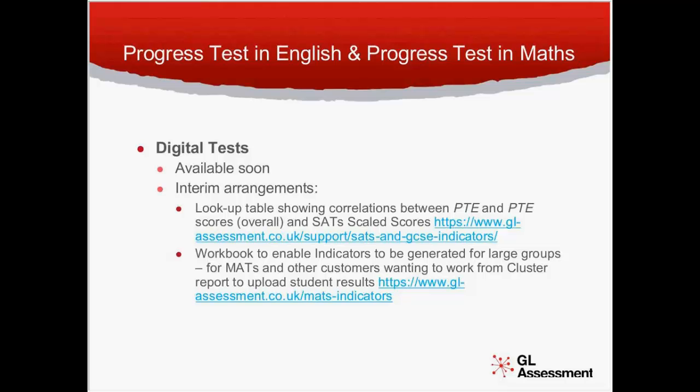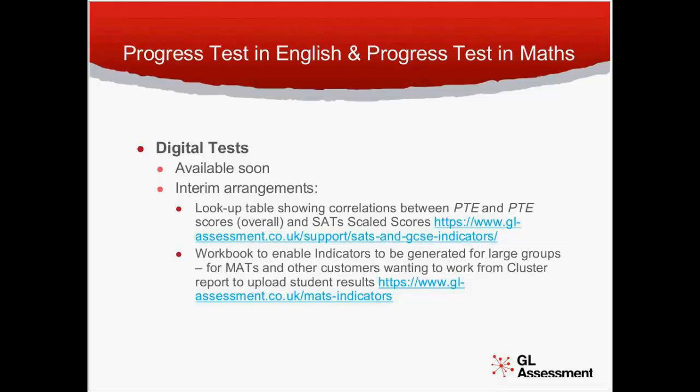For those of you who are using the digital test, there are a couple of things that you might like to do as an interim arrangement. I'm going to try and link to our website. We've produced a simple lookup table which will enable you to look at your student scores and look at the correlation with the SAT scale scores.